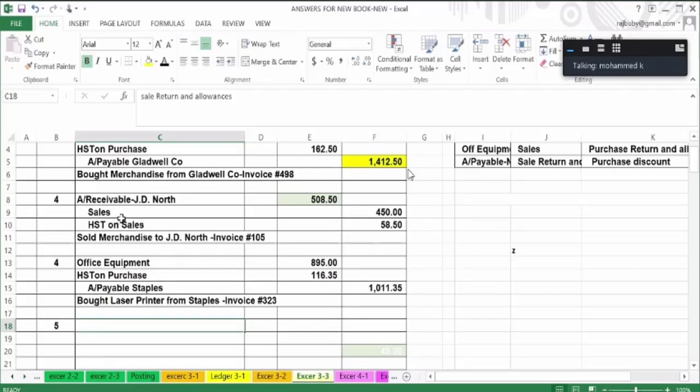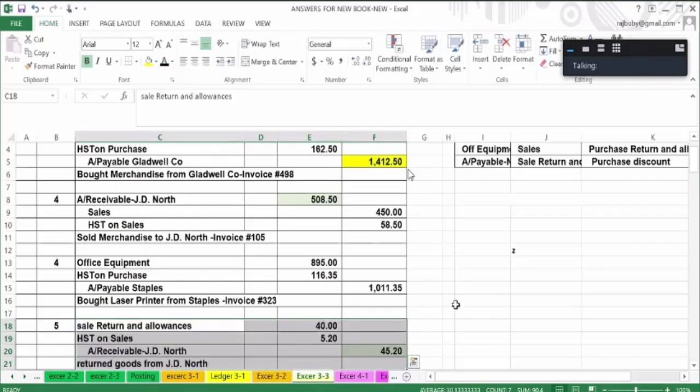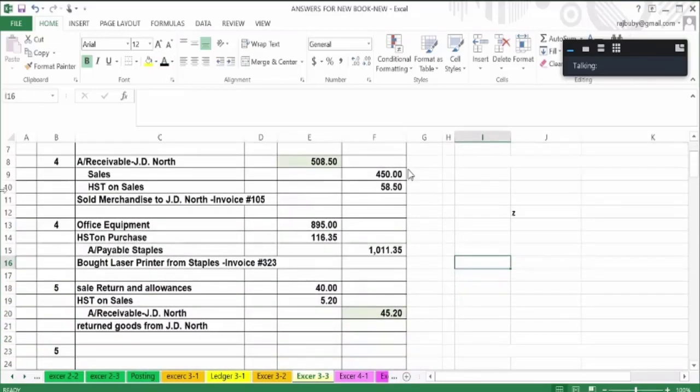My mistake. We're going to debit sales returns and allowances, and then we'll credit accounts receivable from JD North, and HST also. Instead of sales, you are going to use sales returns and allowances. So we'll just put 45.20, and HST on sales. You are going to reverse the same entry with a different amount.